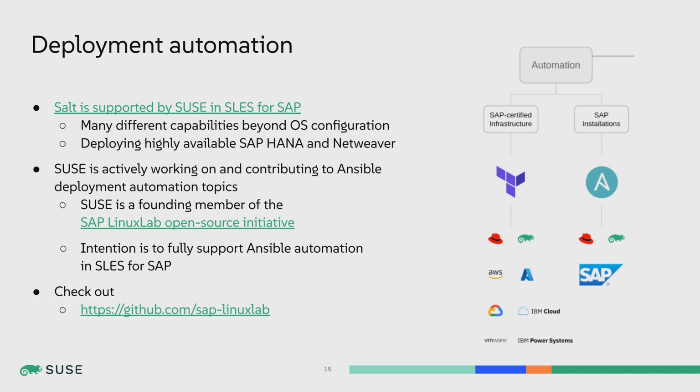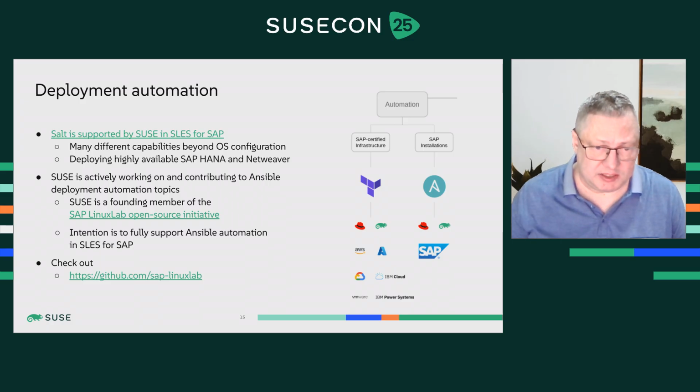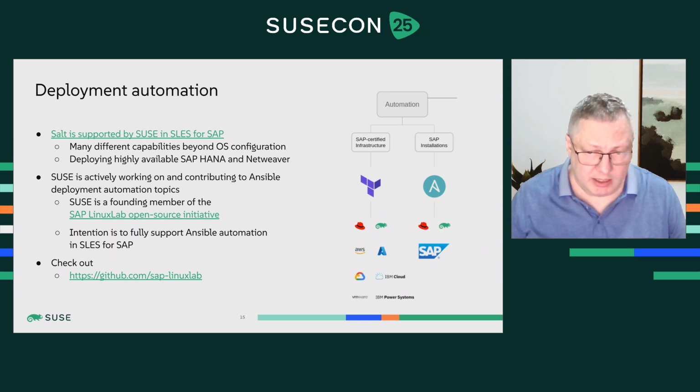This open source initiative creates roles and playbooks for Ansible to deploy and maintain SAP. It's kind of an upstream for what is fully supported within the SUSE Linux Enterprise Server distribution. And the intention is to fully support Ansible automation inside the distribution itself.